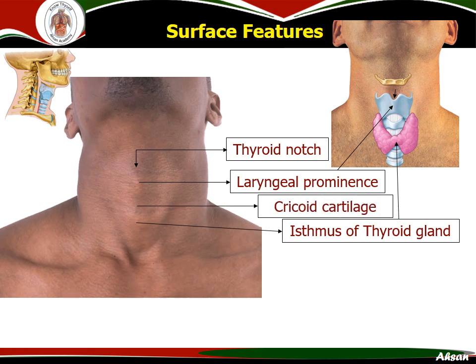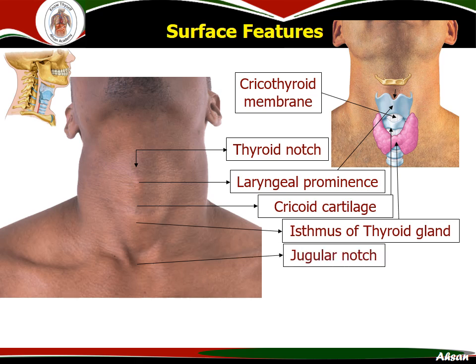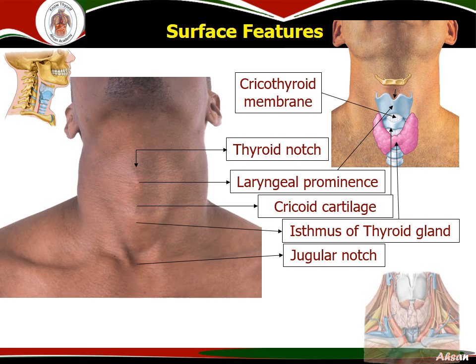Above this, the cartilaginous structure is the cricoid cartilage, and you see between this cricoid cartilage and the thyroid cartilage, there is a soft area. This is the cricothyroid membrane, and at the bottom of the neck we'll get the jugular notch. So these surface features easily can be identified on the human body.